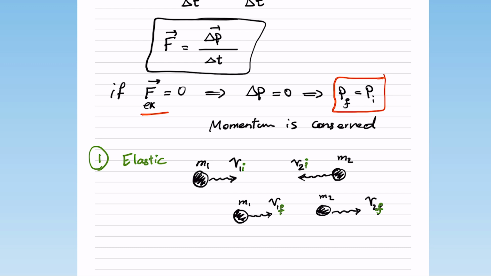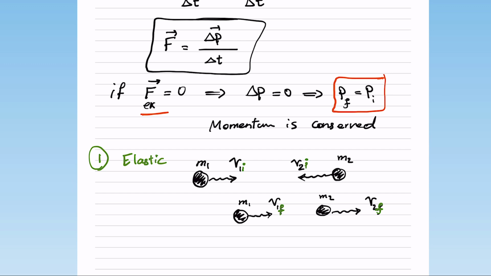All right, so we have two objects, M1 and M2. They collide. The initial velocities are V1 and V2. After collision, they have some sort of final velocity, and the direction for those two final velocities doesn't matter. Again, we have the same objects, M1 and M2, but we have a different velocity now for them, V1 and V2 final.